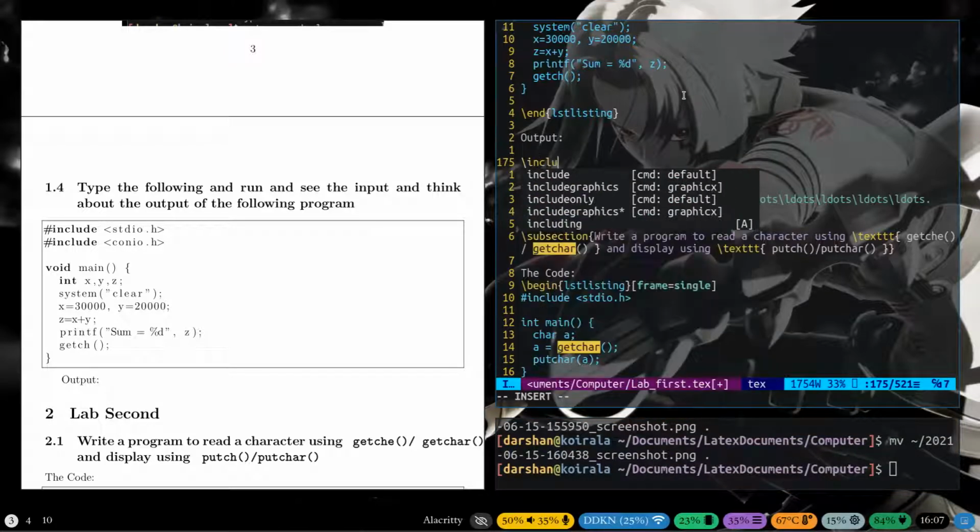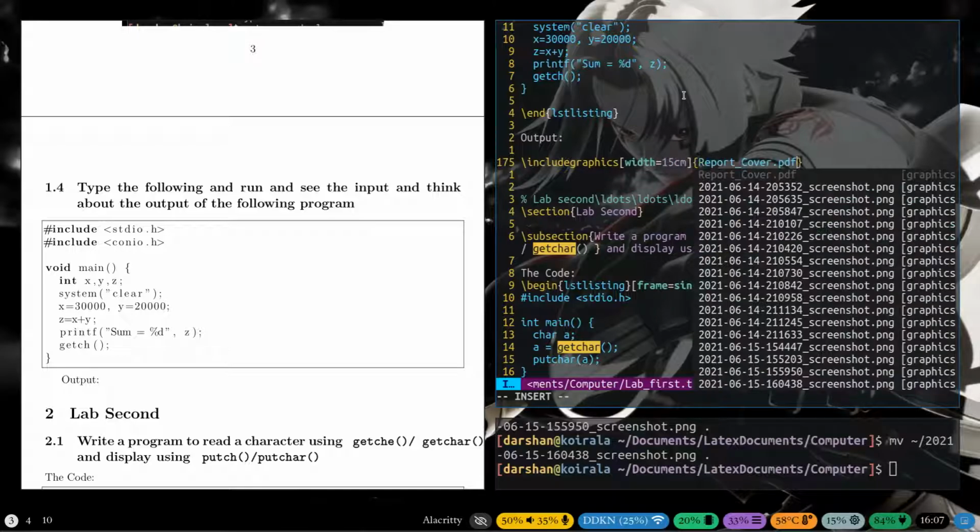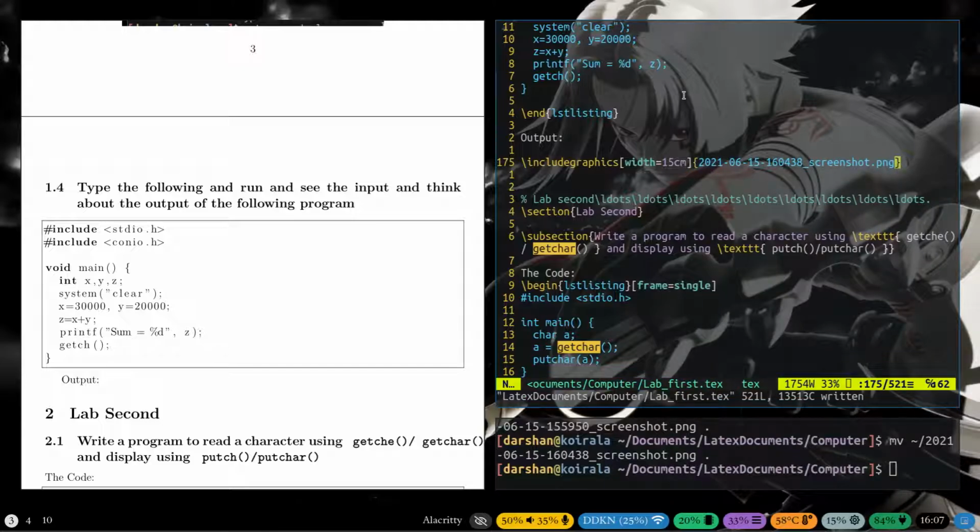It does include graphics. The graphics width is 15 centimeters, and it is tab. Why is the tab not working, man? Oh, there's a mistake here. Graphics width equal to 15 centimeters, and it is the last one. Okay.